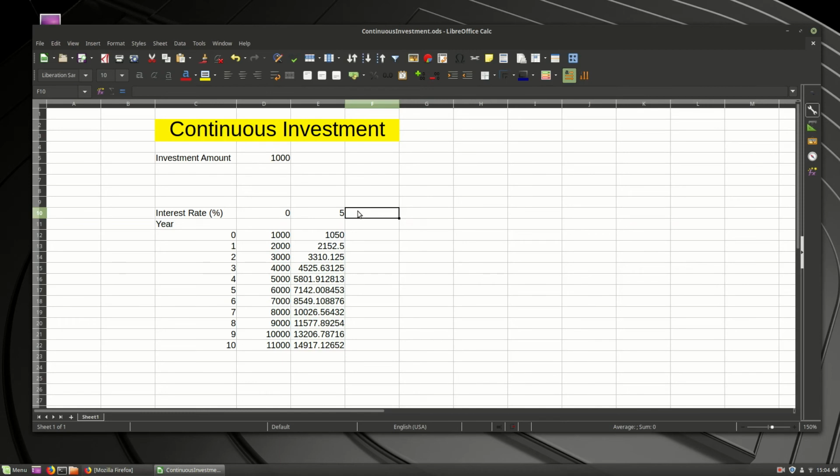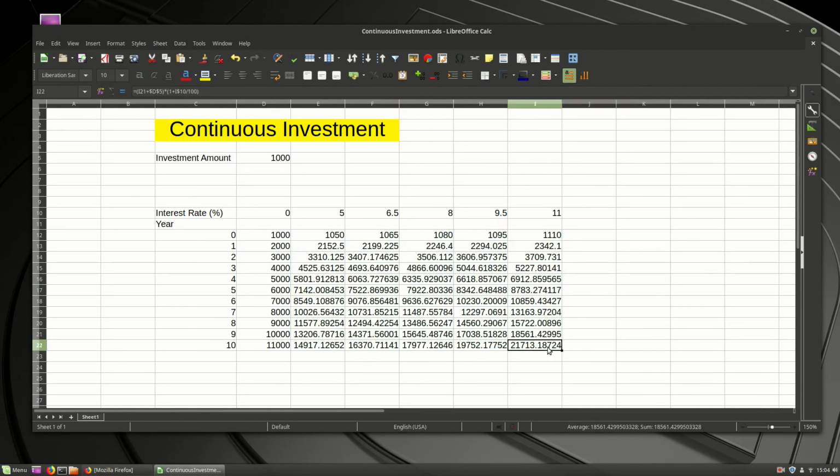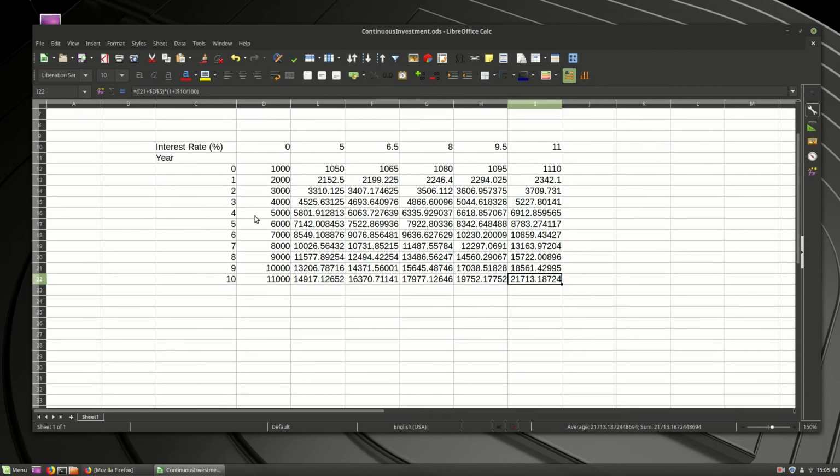So now we assume, what if you get 6.5% interest? What happens if you get 8% interest like that first video? What happens if you get 9.5%? And then being really optimistic, what happens if you get 11% returns? We can calculate all of those. And as you can see, at 11% returns, with that $11,000 invested over 10 years, you get $21,000.